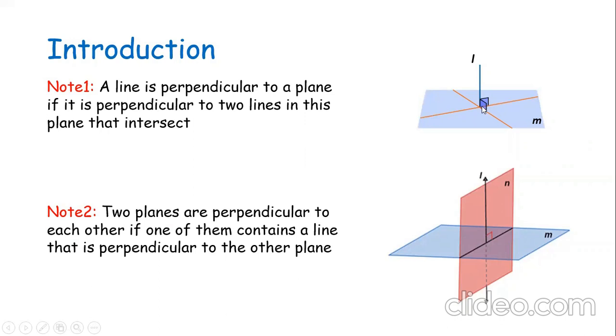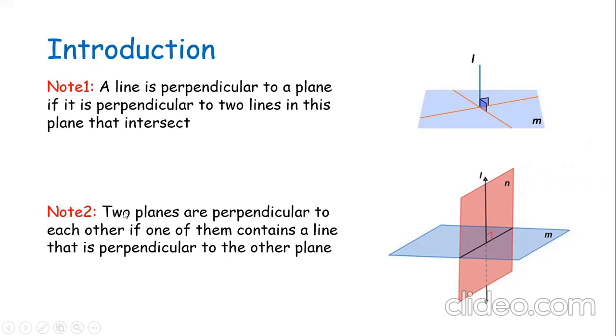So here we have the blue line named L is perpendicular to both of these two red lines. From this, we conclude, based on note 1, that it's perpendicular to the plane that contains those two red lines, which is the plane M.